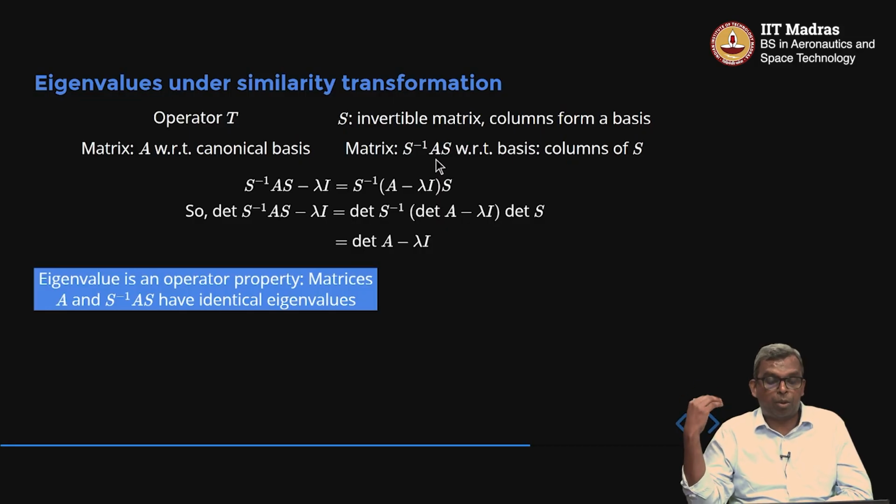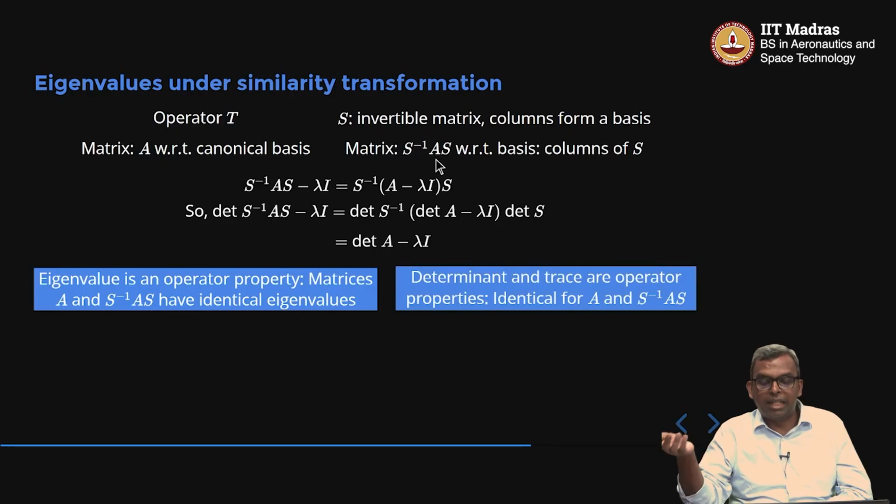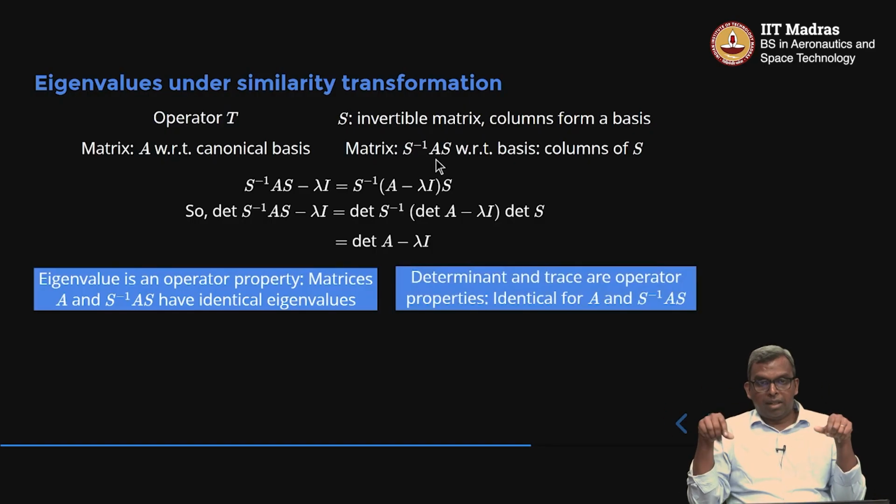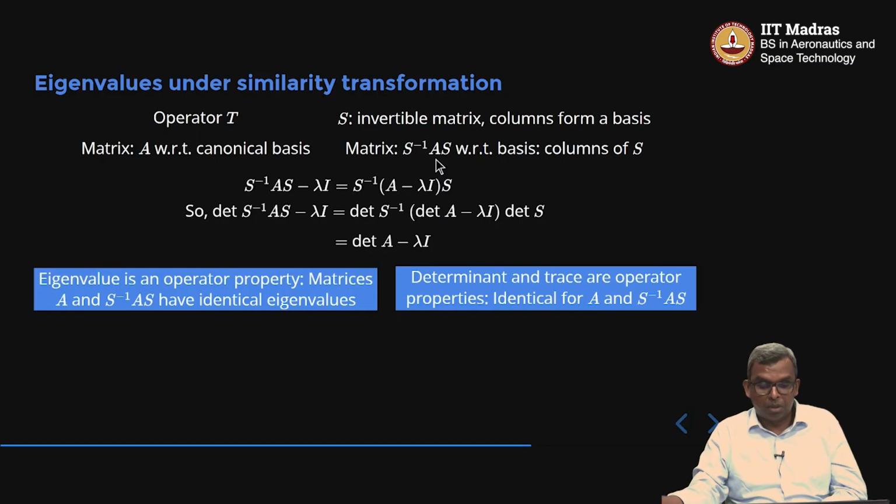Eigenvalue becomes an operator property. A and S inverse AS have identical sets of eigenvalues, including multiplicities. They are the same. Okay, so clearly determinant and trace also become operator properties. So if you have a matrix, the determinant and the trace, in particular the sum of the diagonal elements, do not change whether you do A or S inverse AS. It remains exactly the same. Okay, so it's a powerful property to keep in mind.